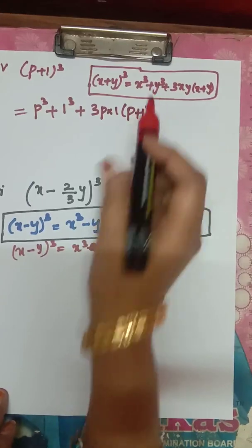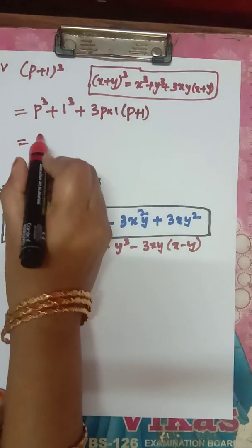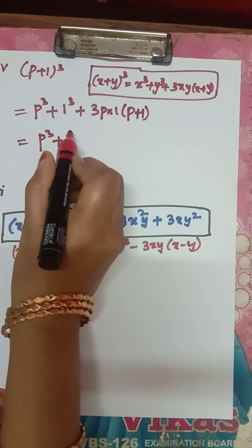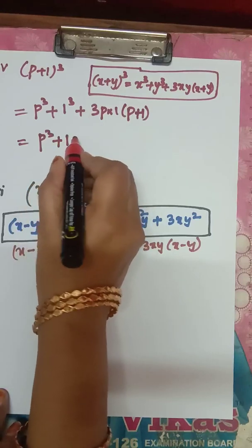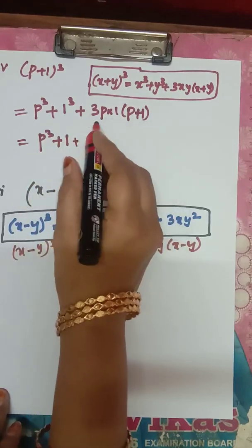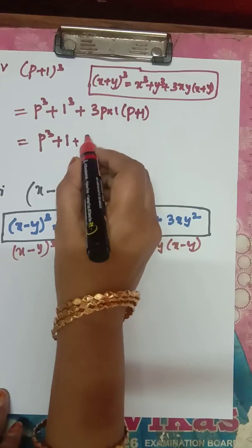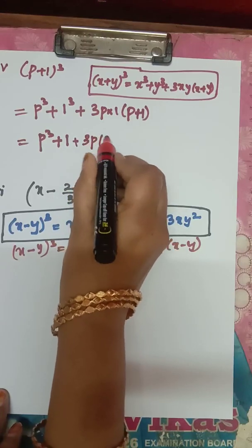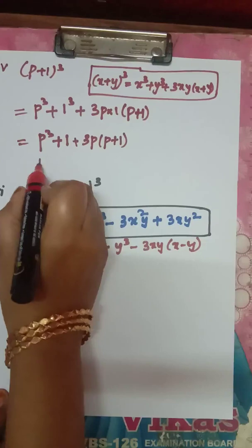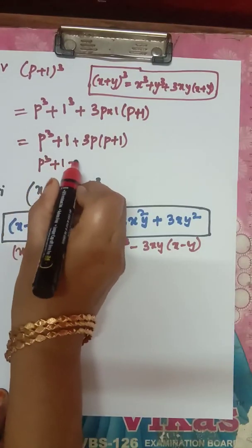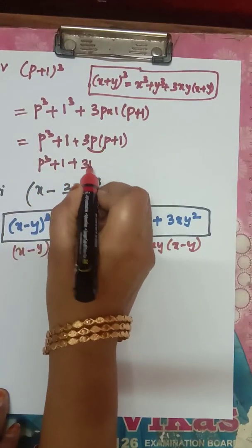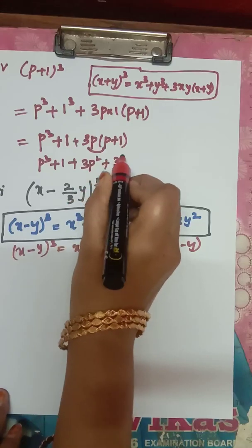Very simple, you just need to learn the formulas by heart. That is p cube plus 1 cube, that is 1 only, plus 3p into (p + 1). Multiply this: p cube plus 1 plus 3p into p is 3p square plus 3p.